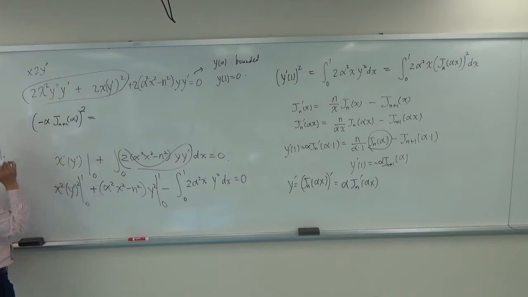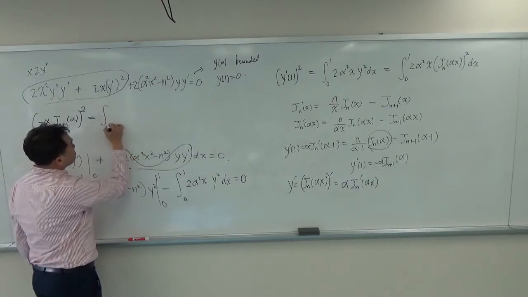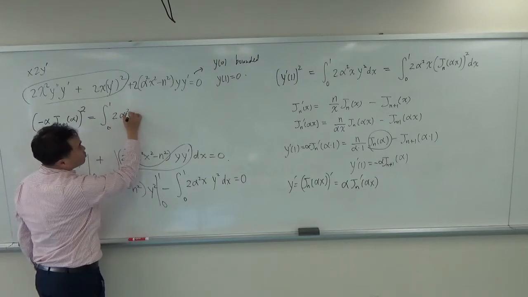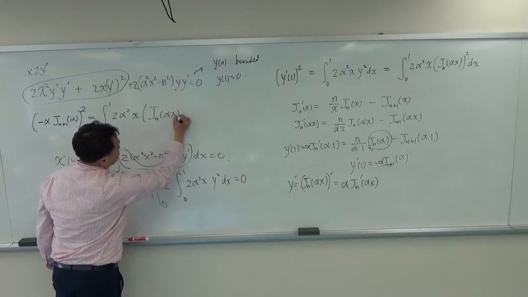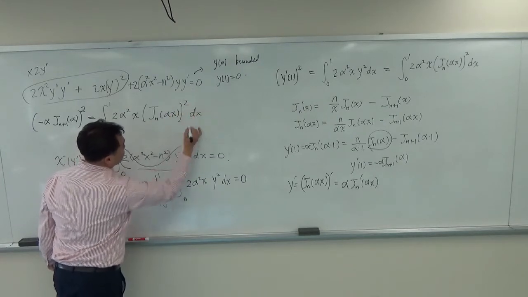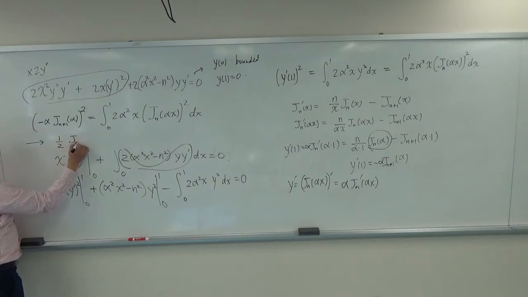And on the right side, I have the integral from 0 to 1 of 2 alpha squared x times jn of alpha x squared dx. Then you square this, the minus goes away, alpha squared can be canceled out, and you divide by 2. What's the final thing you get?